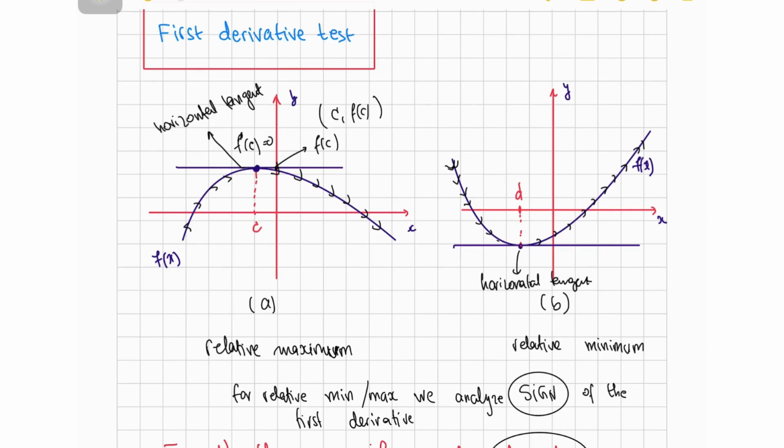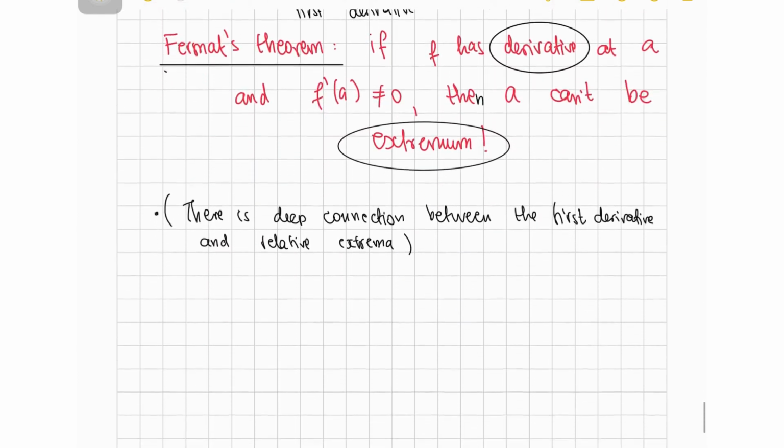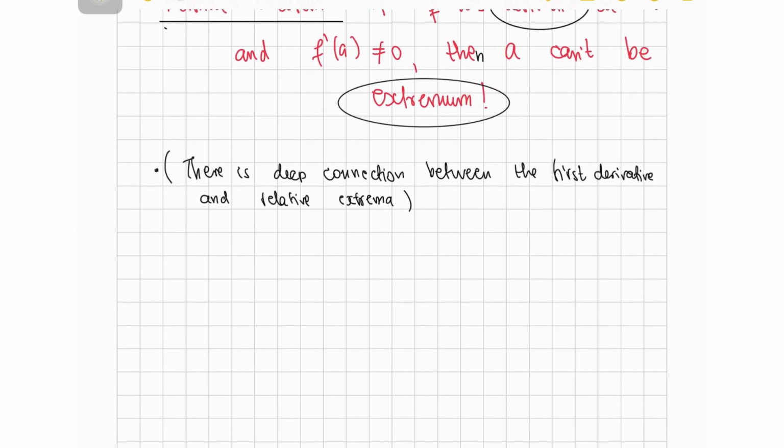So even from the graphs we can see the importance of the points where the derivative is 0. So we have that connection between the first derivative and relative extrema.